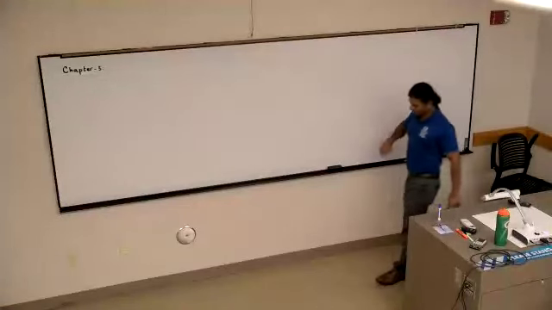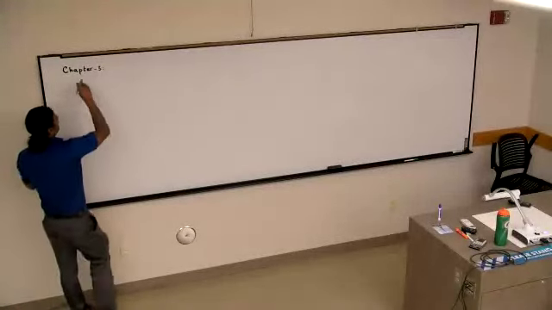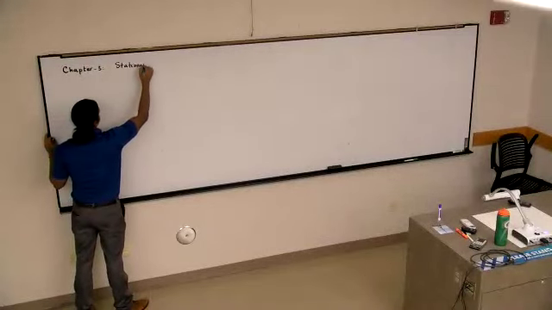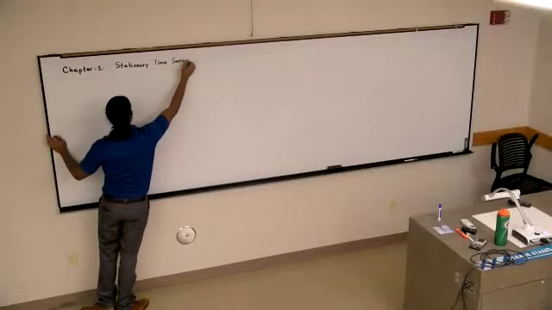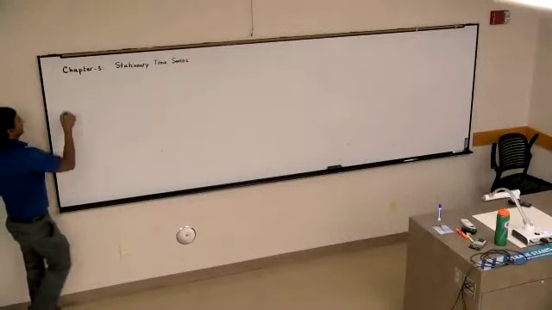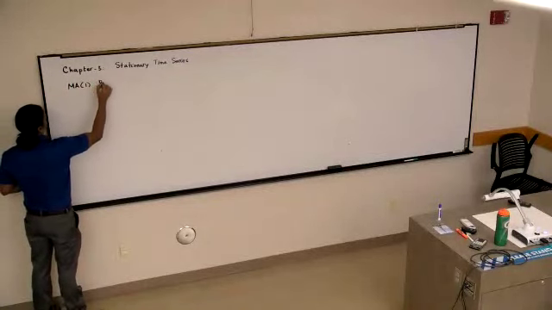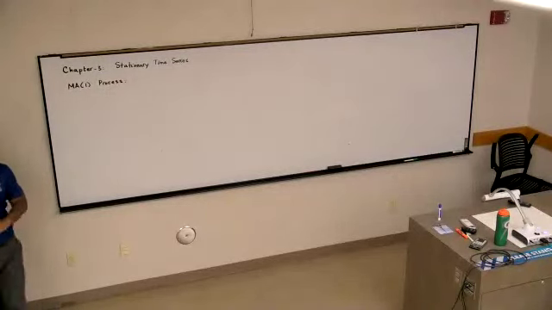What we did covariance stationary is in chapter 3, but I'm just going to get very specific. Chapter 3, stationary time series. And we are going to start with an MA1 process.